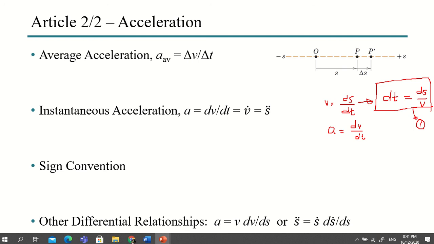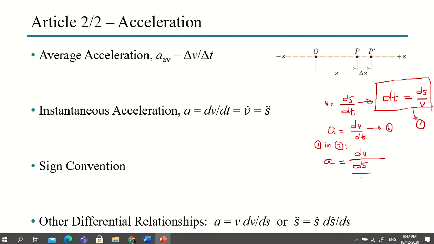Now if we consider this as our equation number 2, and we substitute 1 in 2, what will happen? Our acceleration becomes a equal to dv divided by dt, and dt is equal to ds over v.